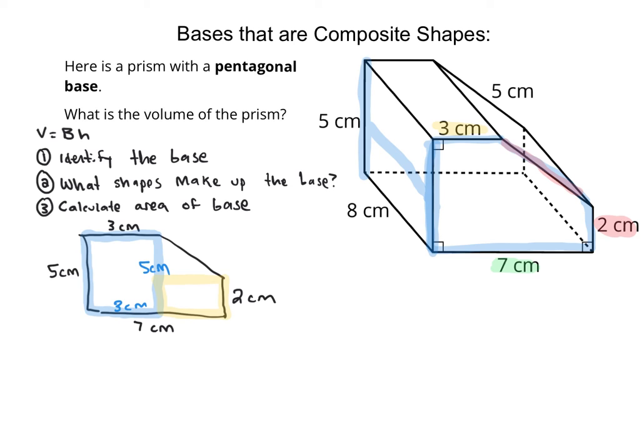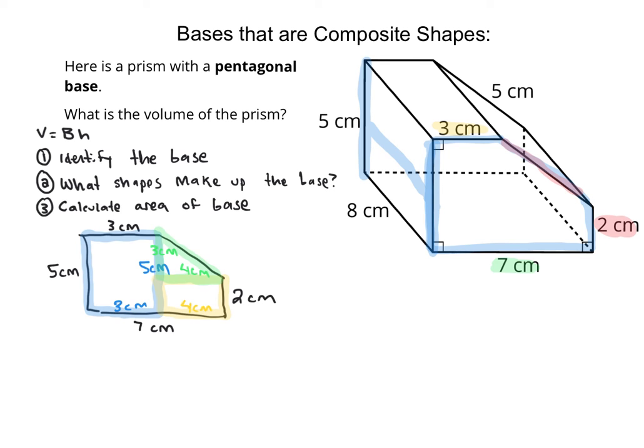And that one is 7 minus 3, so that means that this has to be 4 centimeters by 2 centimeters. And that leaves me with a right triangle, and its base is 4 centimeters, and its height is 5 minus 2, so its height is 3 centimeters.